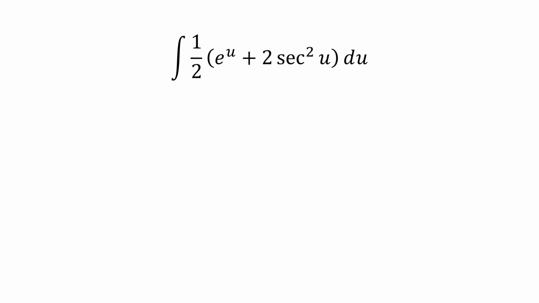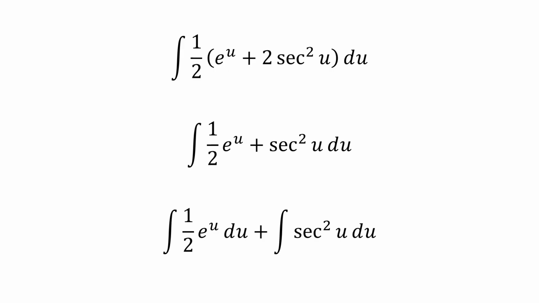Distributing the 1/2 gives us the integral of 1/2 e to the u plus secant squared of u du. Applying the sum rule then gives the integral of 1/2 e to the u du plus the integral of secant squared of u du.